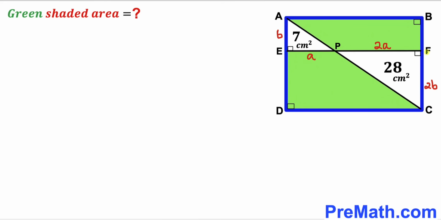Now let's make an observation. If this segment is 2b, then ED is 2b as well.